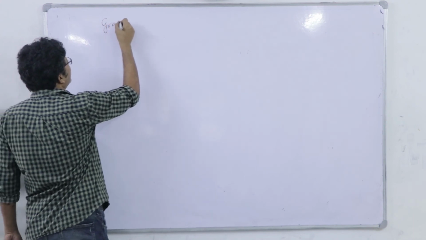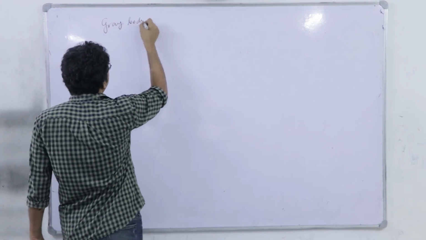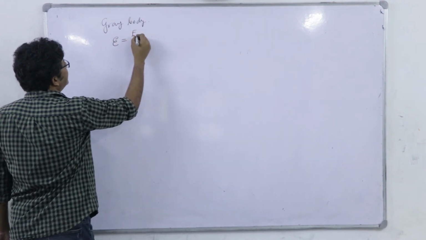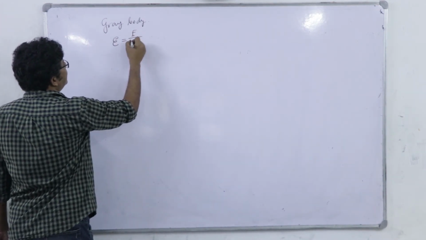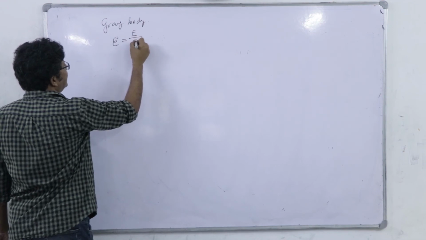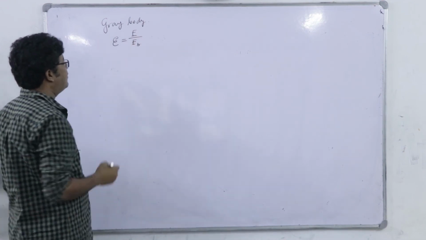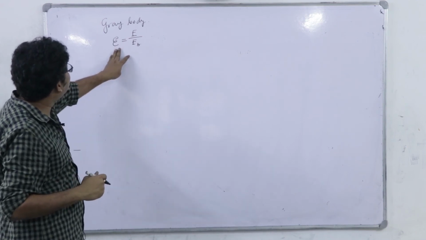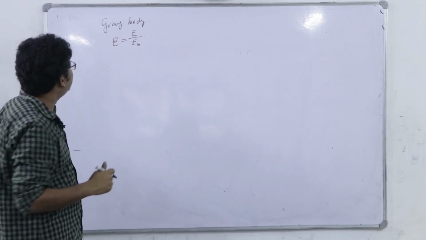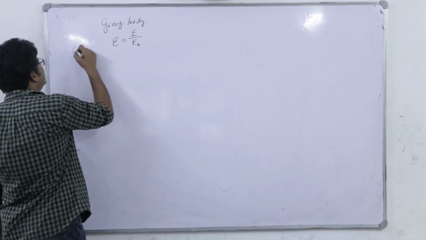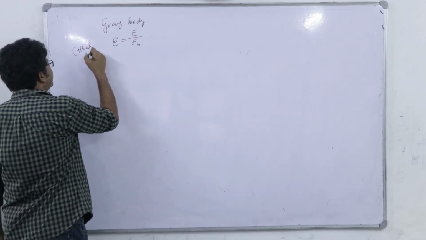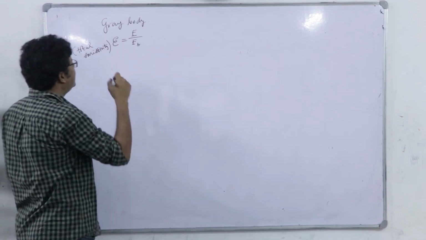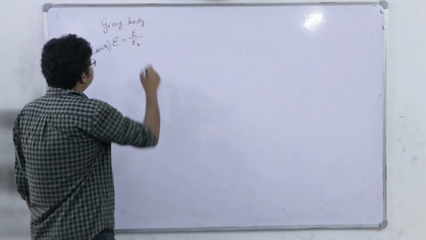So, what is gray body? See, we have defined epsilon as total emissive power of a non-black object divided by total emissive power of a black object at the same temperature. So, extending this idea of emissivity, or rather this is called total emissivity, we can extend this idea to monochromatic emissivity as well.